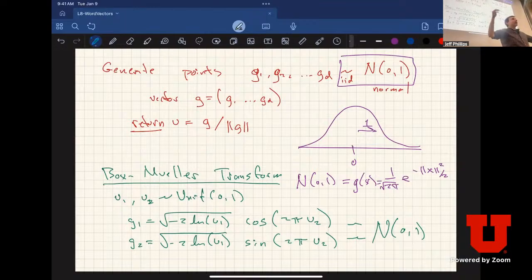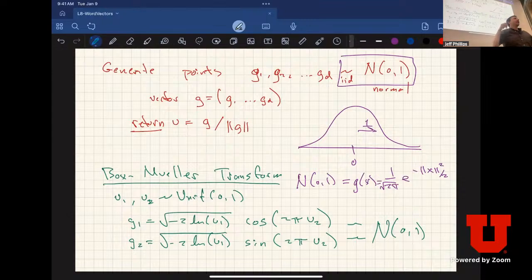The Gaussian, the multidimensional normal distribution that the G vector is from, is kind of the easiest distribution to sample from that is rotationally invariant. So I can generate the coordinates independently and it's rotationally invariant. If I rotate it, it doesn't change.